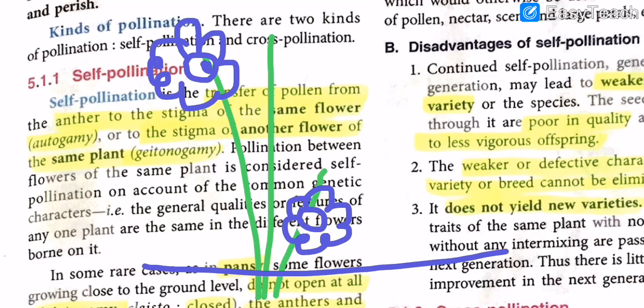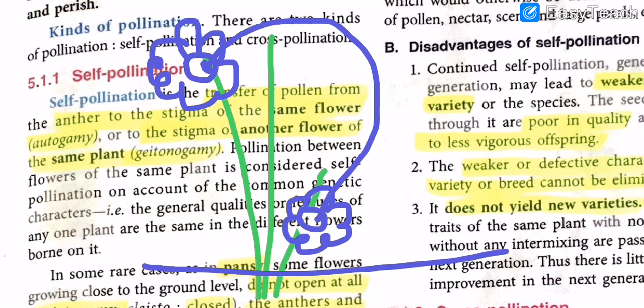When the pollen from here transfers to here and pollination occurs, right? These flowers are so close to the ground level that they do not open at all. They're called cleistogamous, and the anthers and the stigma lie close to each other, which mature at the same time, and self-pollination is assured.